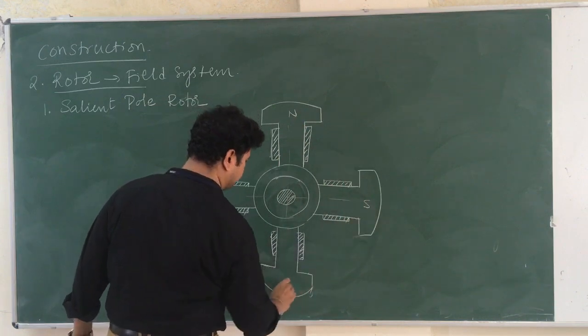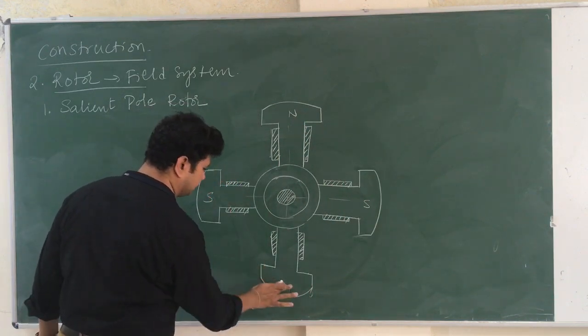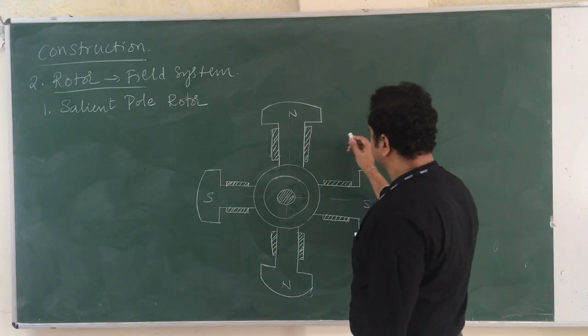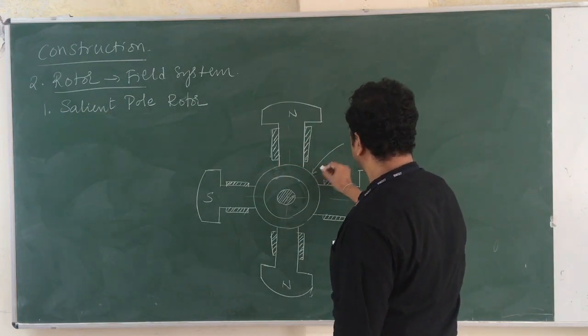N, S, N and S. So this is the magnetic wheel.